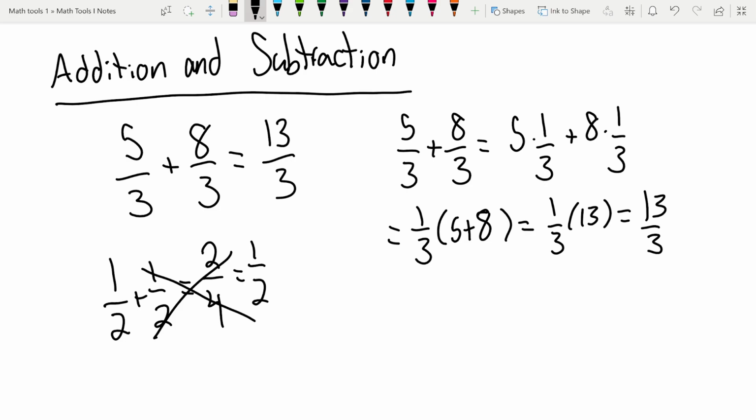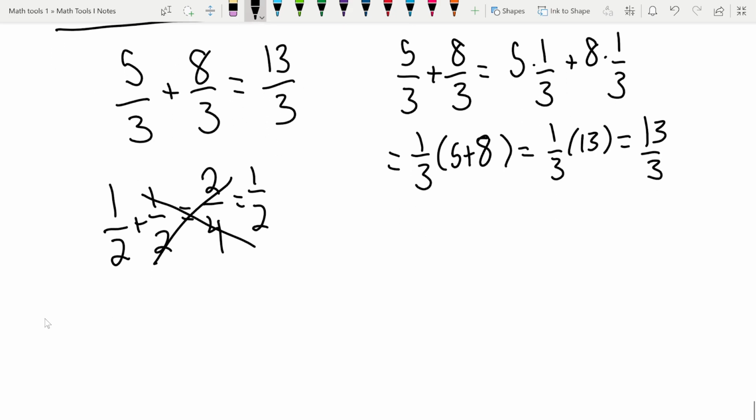So same idea with the rational expressions, right? We don't want to just add the tops or the bottoms or anything like that. We're going to need to find a common denominator and then add the tops, right? Or subtract in the case of subtraction.